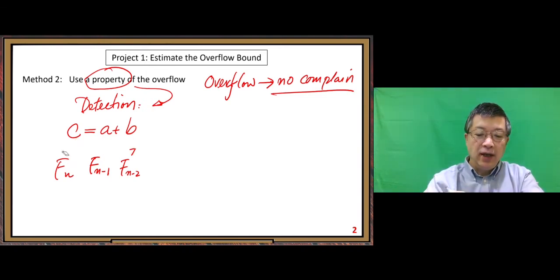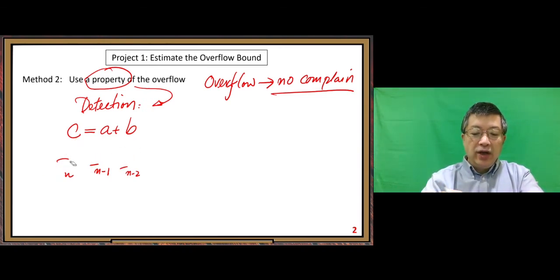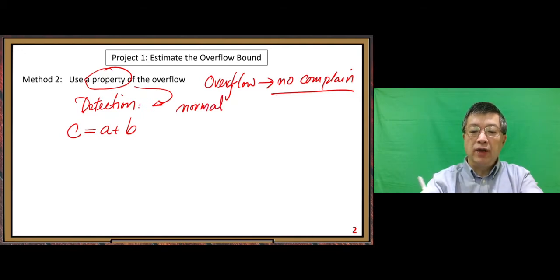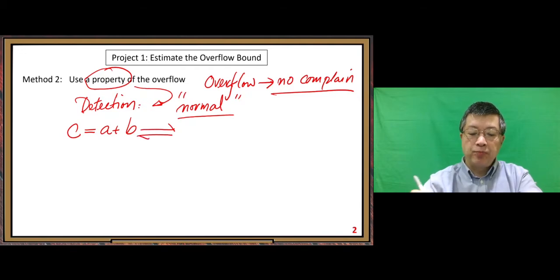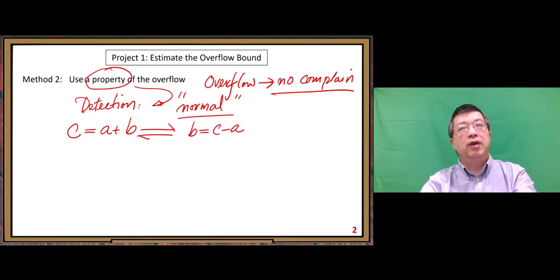Under the normal condition, meaning no overflow, this equality is equivalent to B equals C minus A. From math, they are equivalent.